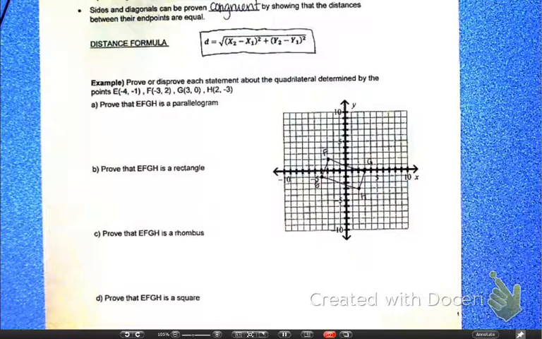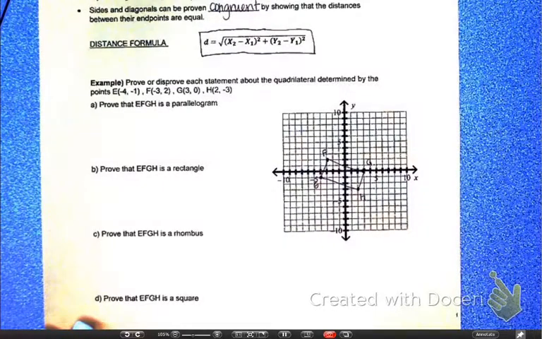So again, this is going to be review. We're just going to kind of pull everything we've talked about over the last week and a half together. So for part A, we want to prove that EFGH is a parallelogram. How would I prove EFGH is a parallelogram? What do I need to show? Both pairs of opposite sides are parallel.